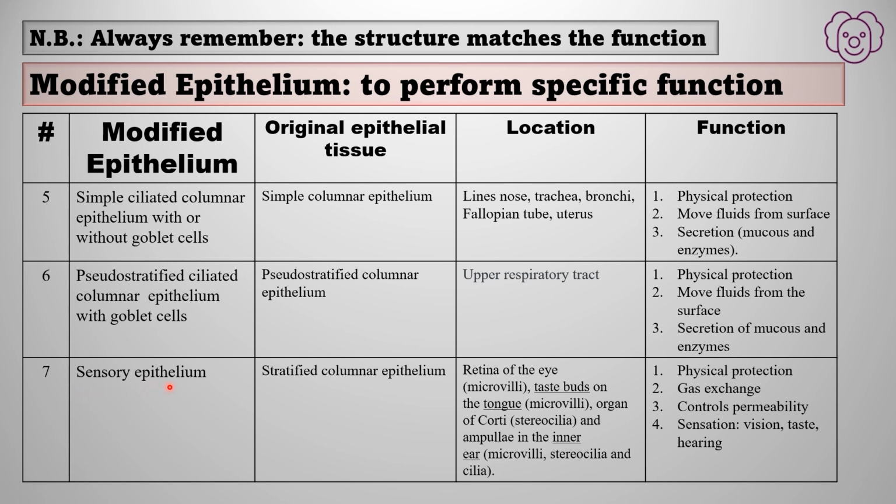Sensory epithelium, it has something new here. It's a stratified columnar epithelium. It is found in the retina of the eye, microvilli, taste buds on the tongue, the organ of Corti, stereocilia, and ampullae in the inner ear, microvilli, stereocilia, and cilia.